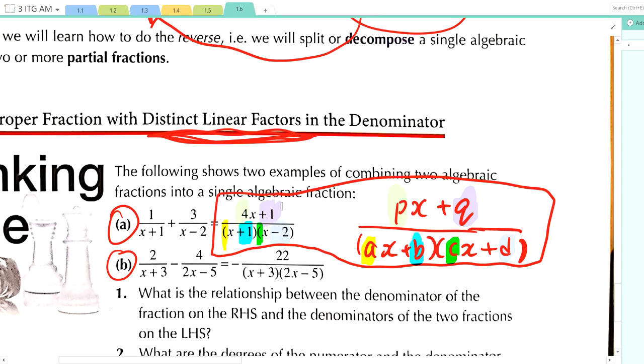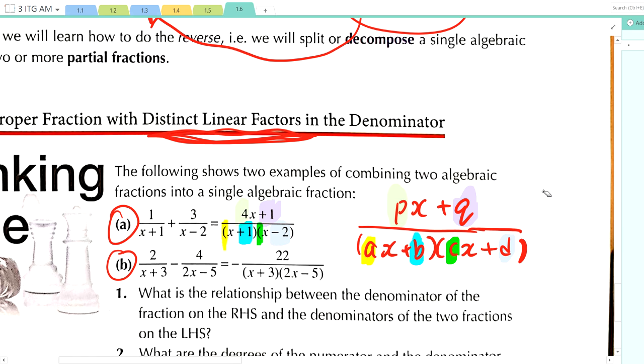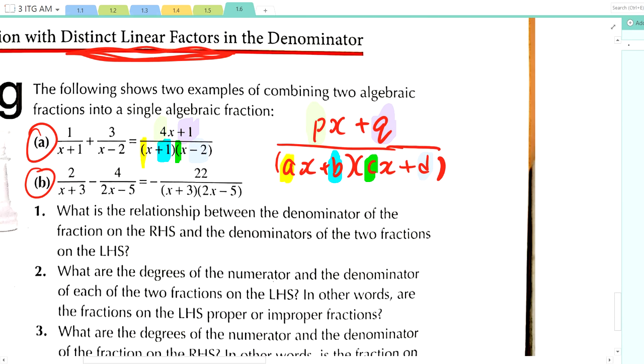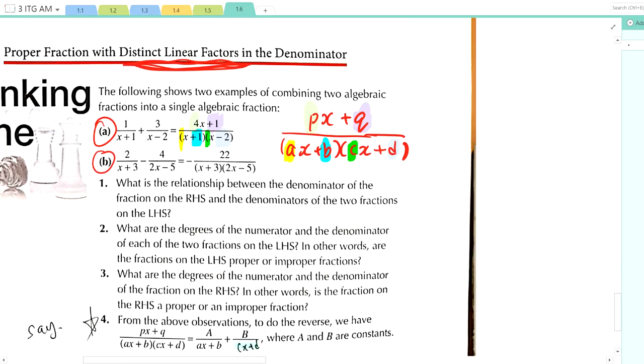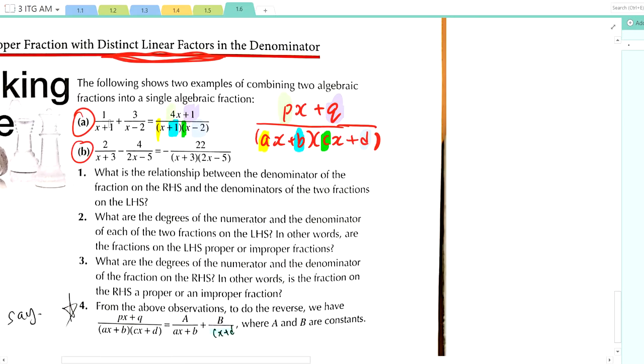So this is the general form, px plus q over ax plus b times cx plus d. We are going to decompose this into linear fractions, as shown on the left hand side.